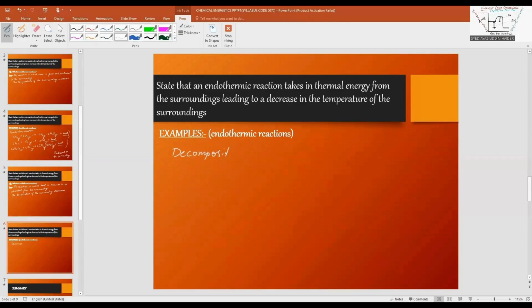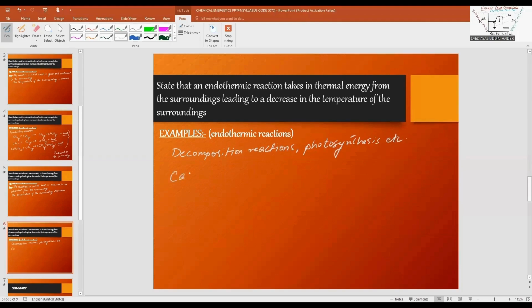decomposition reactions, photosynthesis, etc. For your convenience, I am writing these reaction equations.